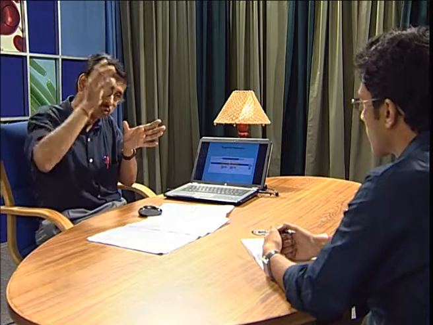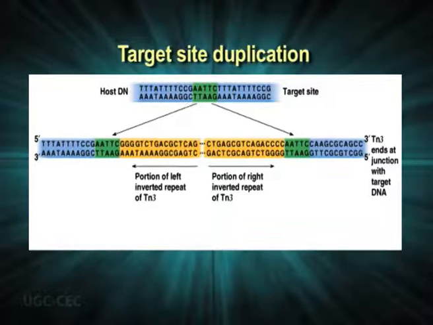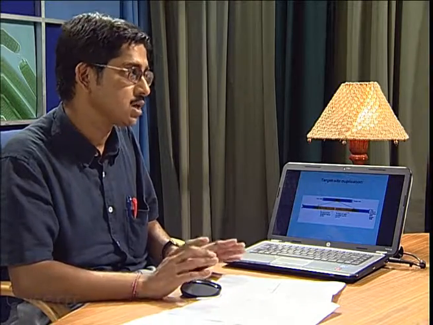That is where the transposon will come and sit. Because of which, as you see, there is duplication. So what you are seeing in green is the duplication of this target site where the transposon has come and sat. This is called target site duplication, and in most cases it happens when a transposon comes and sits at a particular DNA locus.